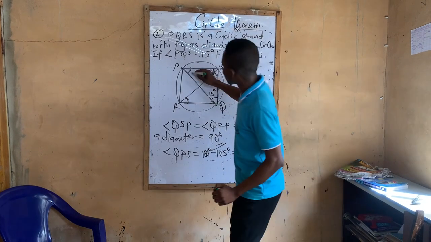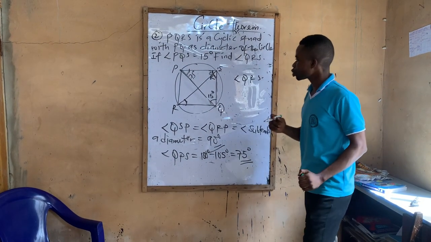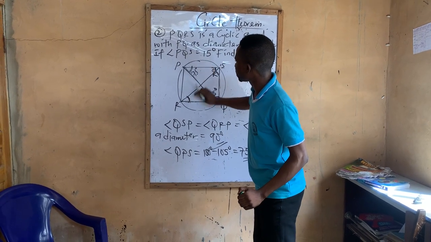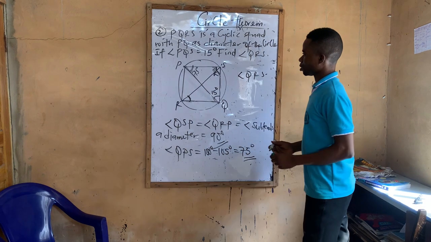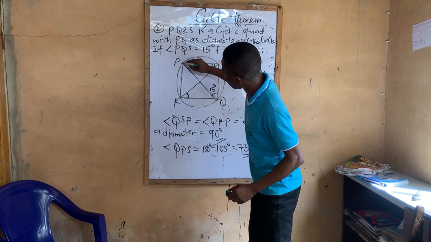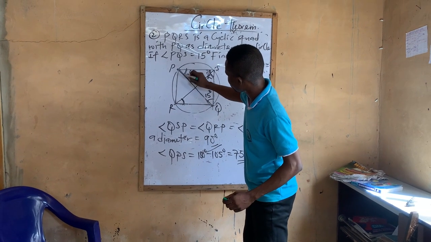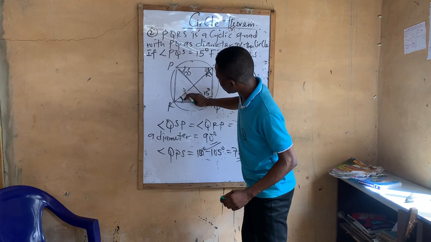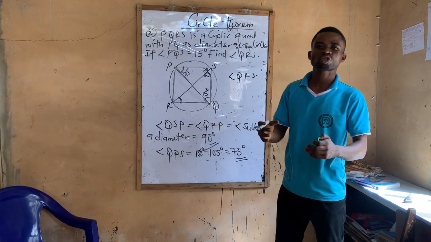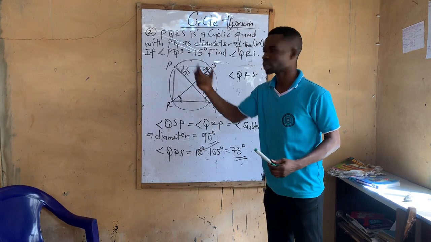Now, we should know that this angle that is here and this angle that is here are in the same segment. They subtend the same chord in the same segment. This is a chord, this is another chord. Do not forget the theorem says angles subtended by the same chord in the same segment are always equal.